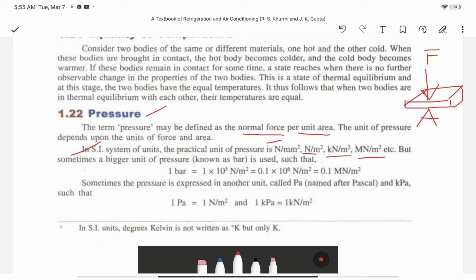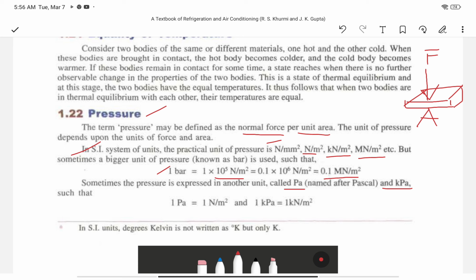Sometimes it could be in bar. One bar is equal to 1 times 10 raised to 5 Newton per square meter. Or to make it short, 1 bar is equal to 0.1 meganewton per square meter. Sometimes the pressure is expressed in another unit called Pascal or kilopascal.